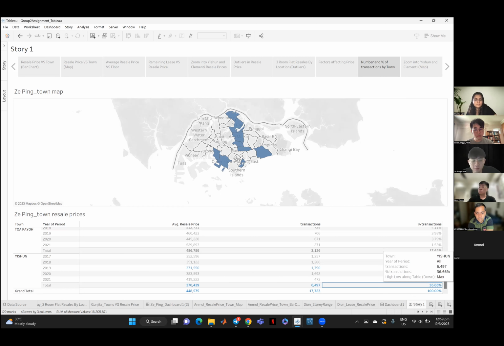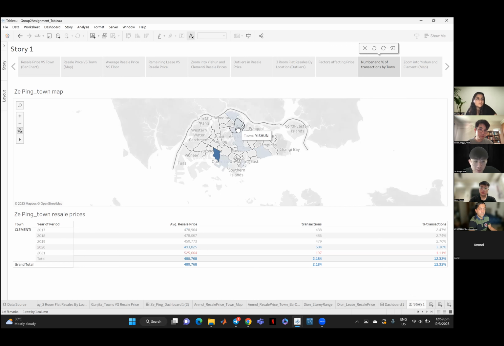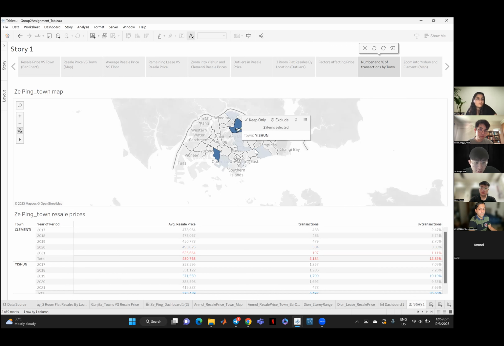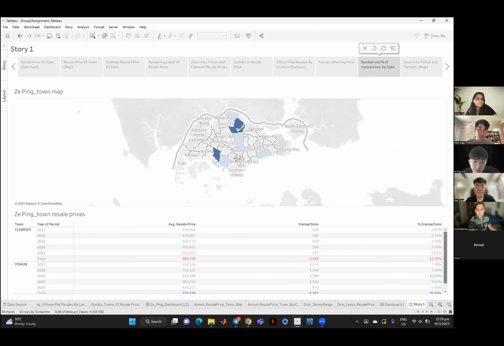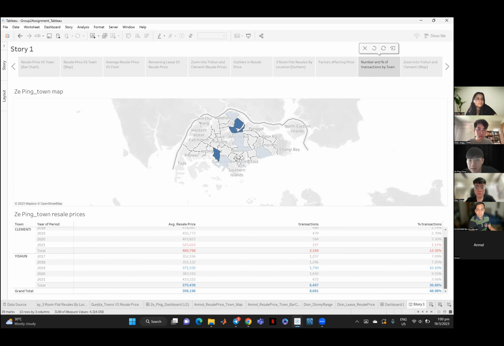So for visualizations, we can also use the map to filter for the table. So if you click on any town area on the map, it will filter for the average resale price, transactions and percentage of transactions. And for every filter, the maximum and minimum will be highlighted as well, and it moves dynamically.